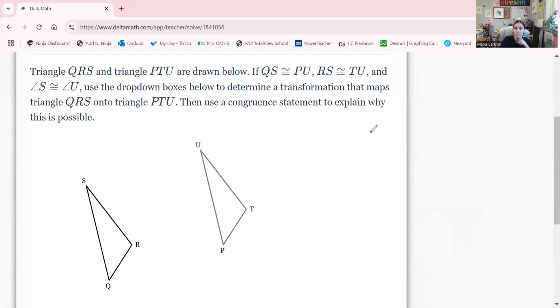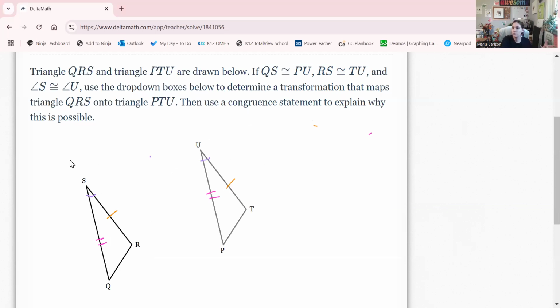We know that QS is congruent to PU. So let's write that, QS and PU. RS is congruent to TU. RS, TU, and angle S is congruent to angle U.